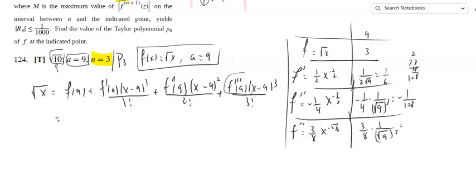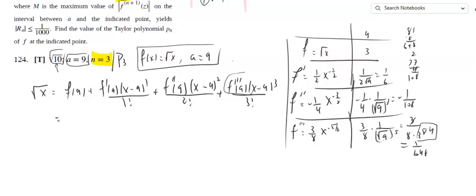Oh boy. 3 over 8, that's a 3 to the 5th, so that cancels one of those. 3 to the 4th is 81. 81 times 8 is 648. Okay, well, hopefully I didn't make any algebraic mistake.